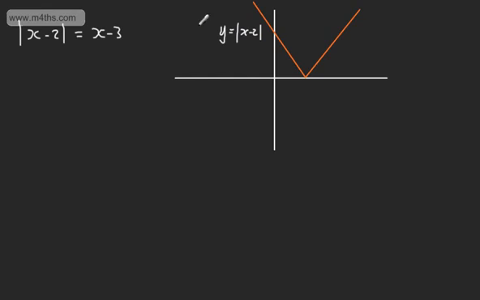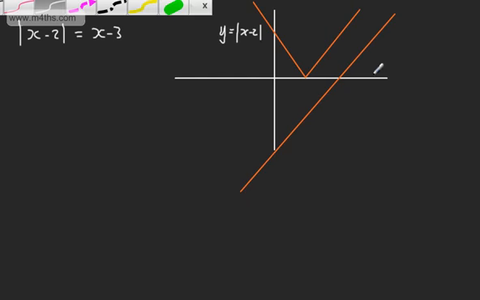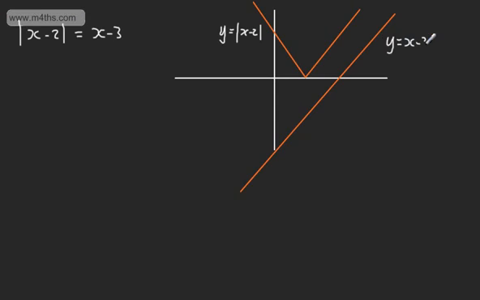Now if I went ahead and drew the line, let's go ahead and do that. We've got the line here, x minus 3. We can see the gradients are equal, and we can see that they are never going to intersect. So we've got no valid solutions for this. Yet if I squared this, I'd have x minus 2 all squared is equal to x minus 3 all squared.